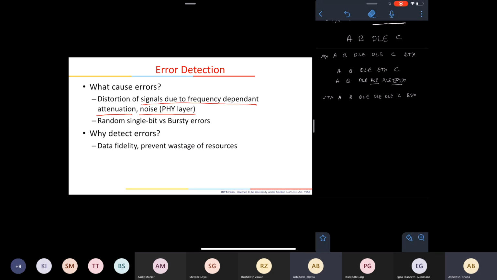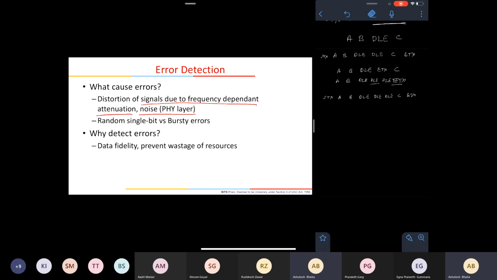And the second major cause is attenuation. Correct? You all understand that when you transmit an electromagnetic signal, its energy is inversely proportional to the distance it covers, and not only inversely, it's basically the square of that, 1 by d square. So the intensity after 2 meters, whatever it is, after 4 meters will actually be 1 by 4. Okay.